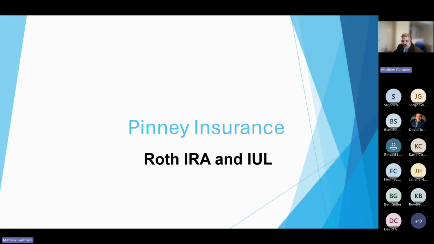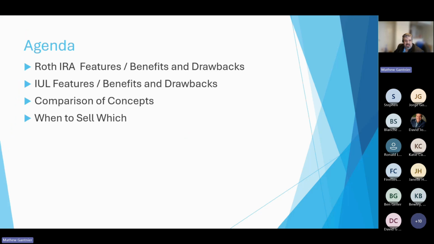This is really just to show you how an IUL can help alongside a Roth or help a person that may not be able to fund a Roth for as much as they would like, which does bring us to that agenda. We're going to talk about the Roth and IRA features and benefits, and IUL features, benefits, and of course drawbacks of both. Do a comparison of the concepts and then end on kind of a which to sell.